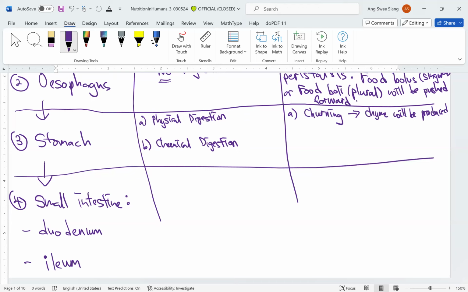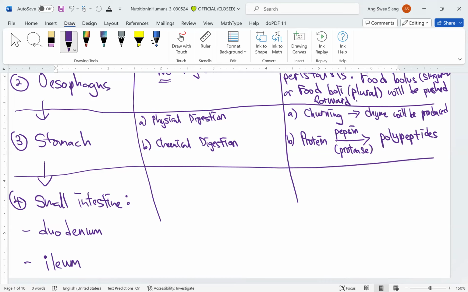Semi-liquid. Then in the stomach, protein digestion occurs. Protein will be digested by this enzyme called pepsin. Pepsin is a type of protease. The protein will be digested into polypeptides. This is the only enzyme found in the stomach.